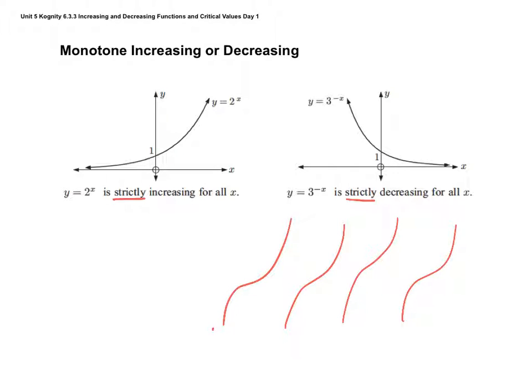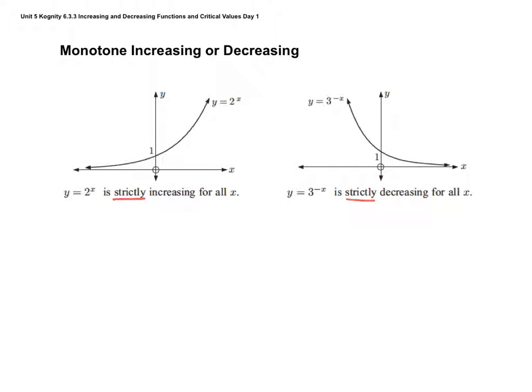There are points where it's undefined, but it is always increasing. So there are a variety of functions that are monotone increasing or decreasing. Again, it's not something that IB makes a huge point of, but I did want to point that out to you. There's a term there that you might see as you're looking at different things.